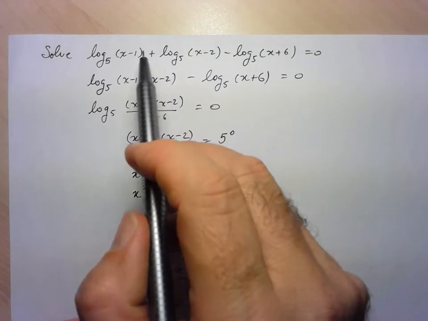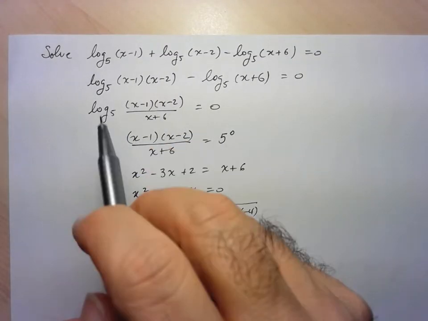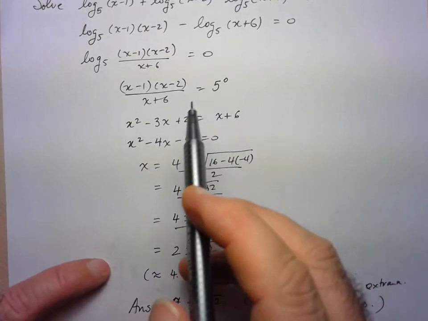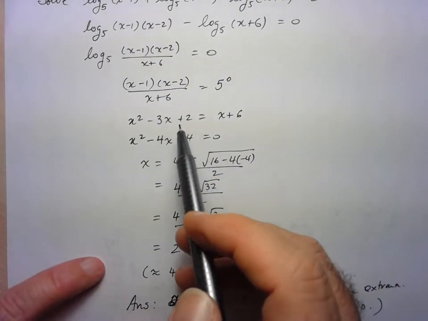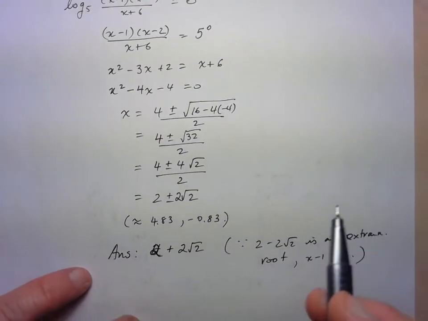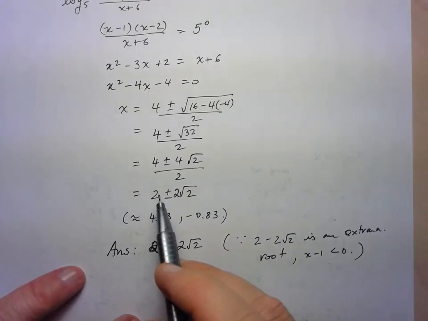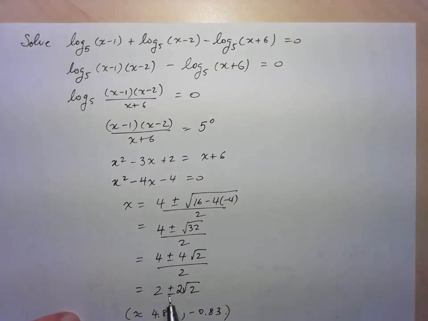So I'm only allowed to add or subtract individual logarithms. And then from there, by transforming it into exponential form, I was able to solve it as a quadratic equation. But lastly, don't forget to always check that your answers, which are generated by the quadratic equation, actually fit the original equation. Okay, that's it for this one.